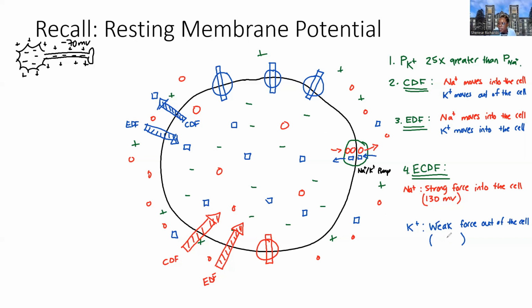So this should be -24. Okay, so this means that the equilibrium potential for potassium is -24 when compared to the resting membrane potential. For sodium, sodium's equilibrium potential is actually +60. So it's really 130 millivolts away from the resting membrane potential.